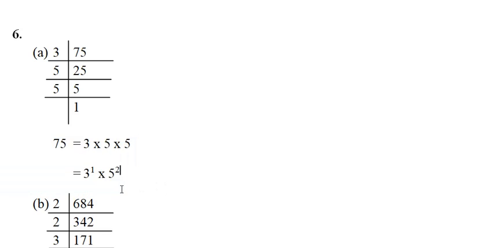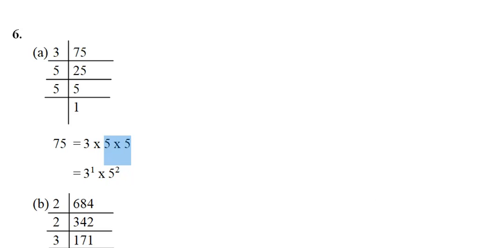You can see that 75 equals 3 into 5 into 5. 3 is repeating itself only one time, so you will write 3 to the power 1, then a multiplication sign, and 5 is repeating itself 2 times, so 5 to the power 2.